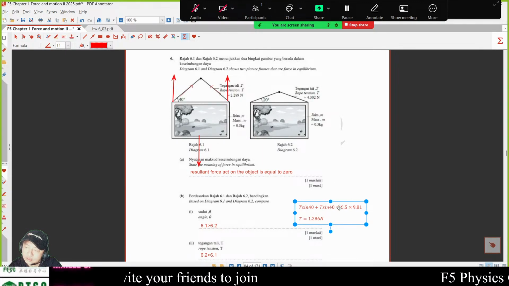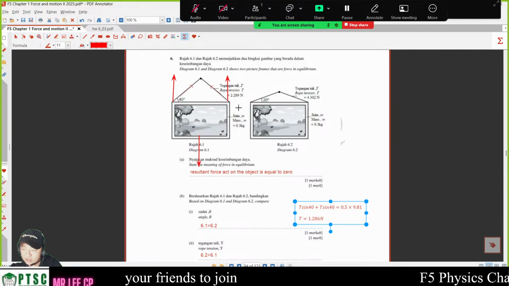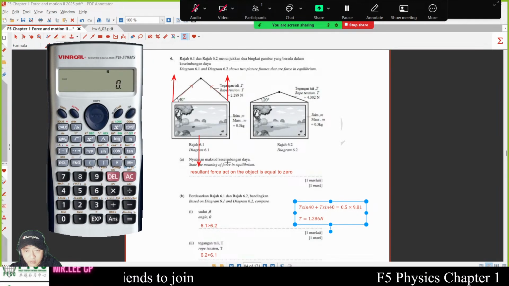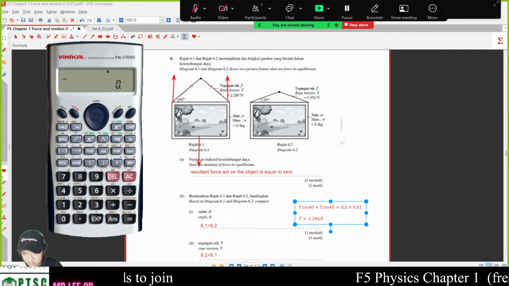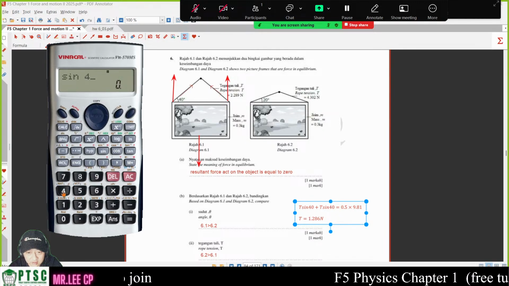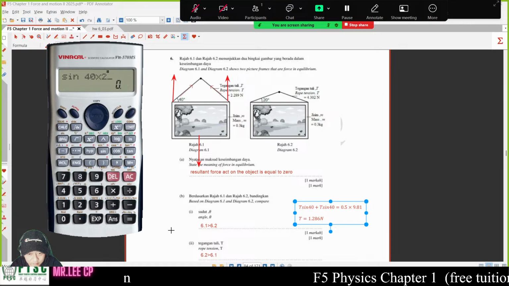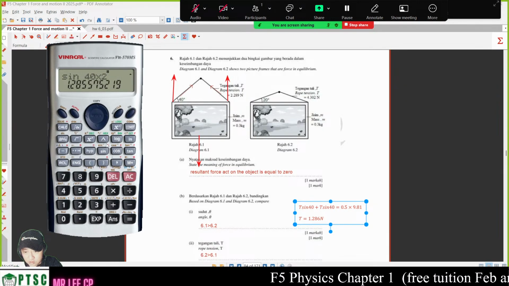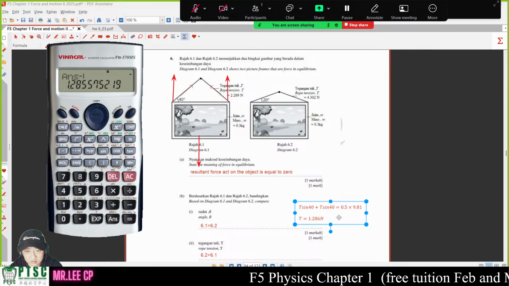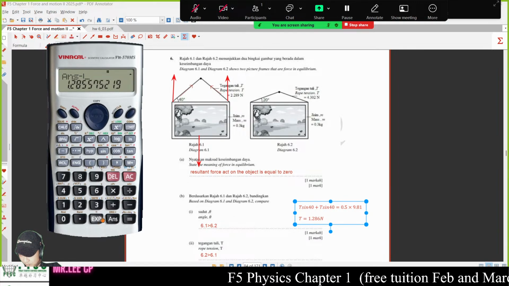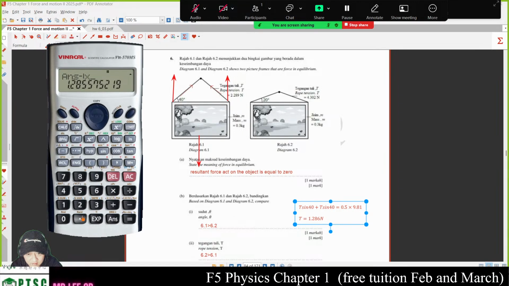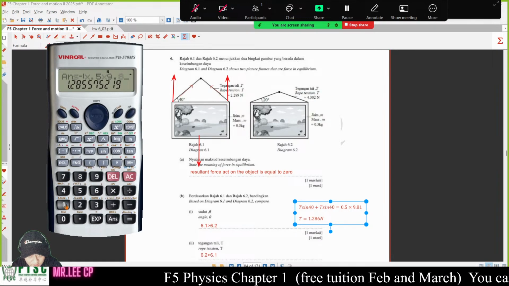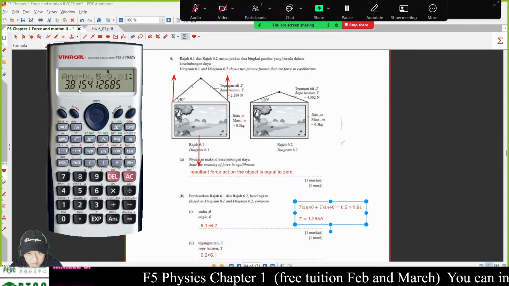Impossible. It should be bigger than 2.2. What do I do? Wait, I press one more time. Sine 40 plus sine 40, sine 40 times 2, equal, I inverse, and then I times 0.5 times 9.81. 3.81.